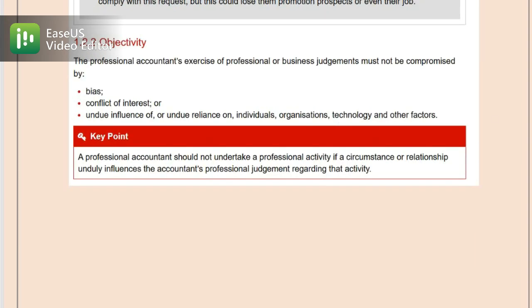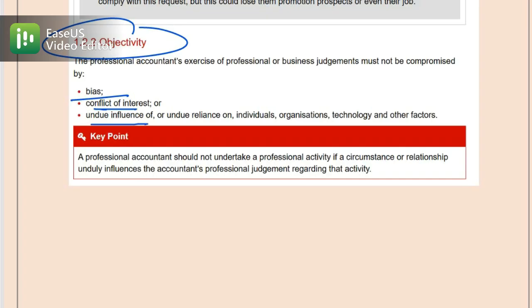Then we have objectivity. Let me explain objectivity. In simple words, objectivity means that your professional judgment must not be compromised by bias, conflict of interest, or undue influence. Bias means personal feelings or preferences. You should not be biased.